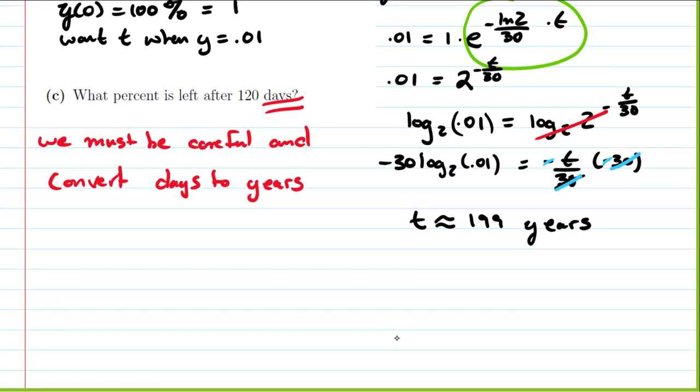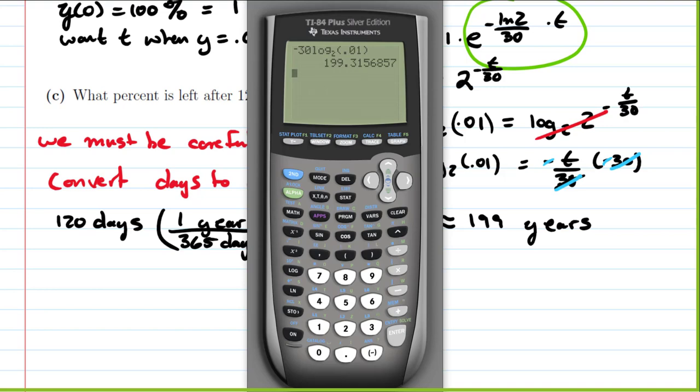So if we have 120 days, we'll use the fact that there are 365 days in 1 year. So 1 year, not plural, 1 year is 365 days. So we can do that on our calculator. 120 divided by 365.